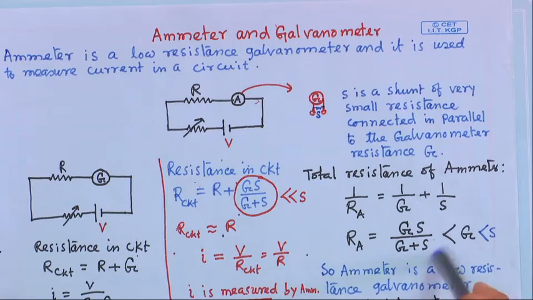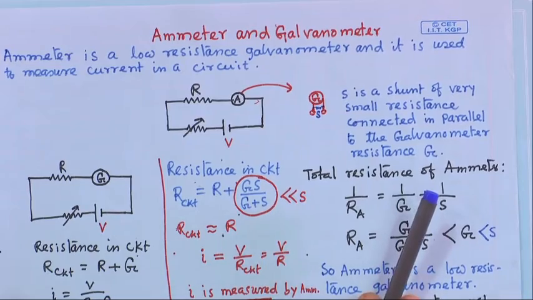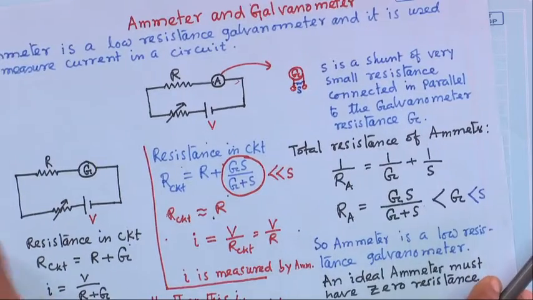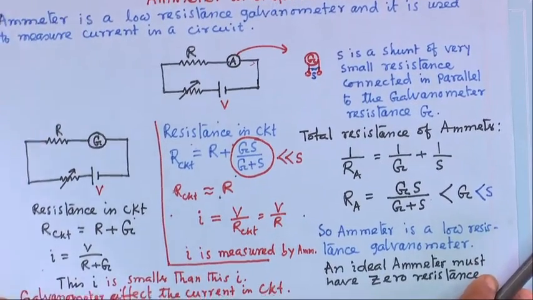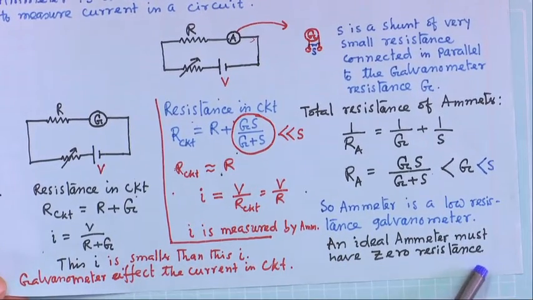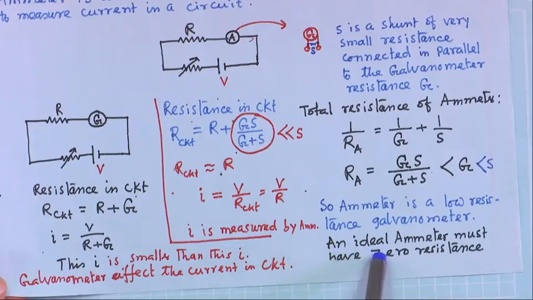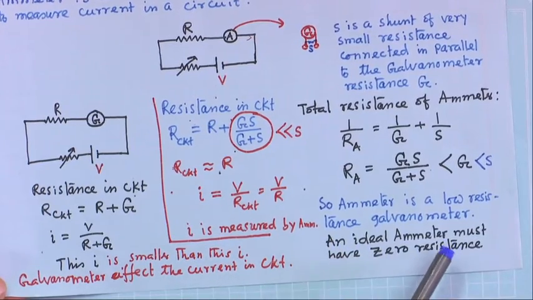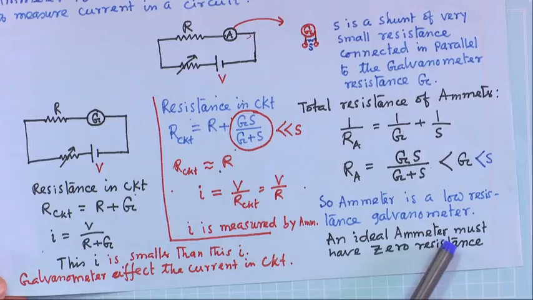Using this shunt technique, we are reducing the resistance of the galvanometer to a very small resistance. In an ideal ammeter, this resistance is generally taken as zero or tends to zero.